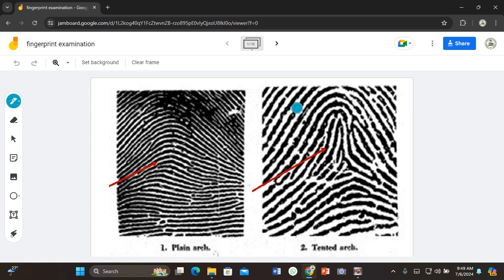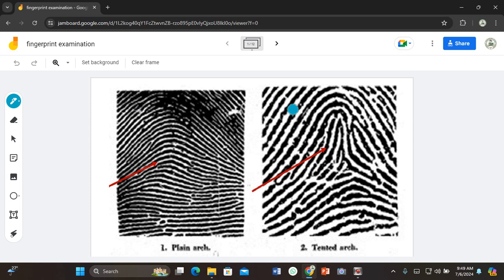All fingerprints may be resolved into three groups, and each one can still be further classified. The first group is known as arch, and the second one is known as loop. Then you have whorl.